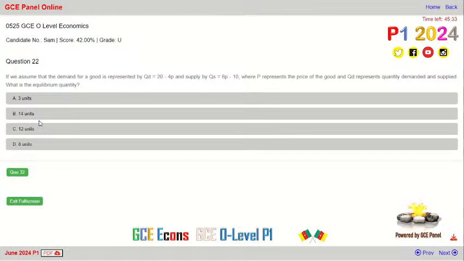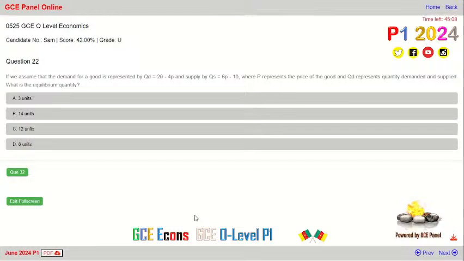If we assume that the demand of a good is represented by QD equals 20 minus 4P and the supply is QS equals 4P minus 10, where P represents the price of the good and QD represents the quantity demanded and supplied, what is the equilibrium? For you to find the equilibrium quantity, you just have to equate QD to QS, okay?